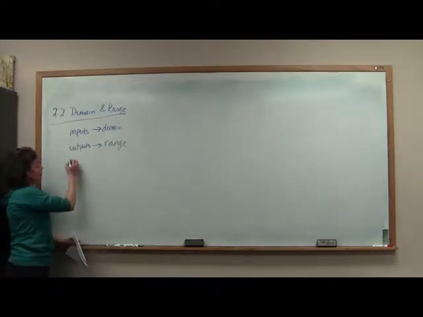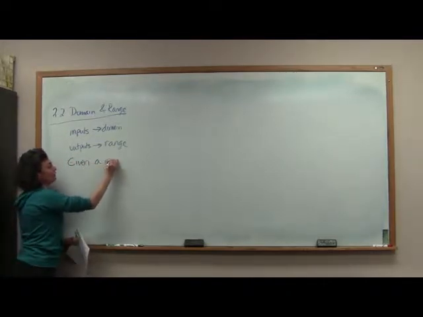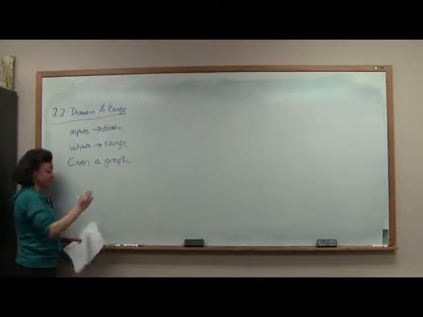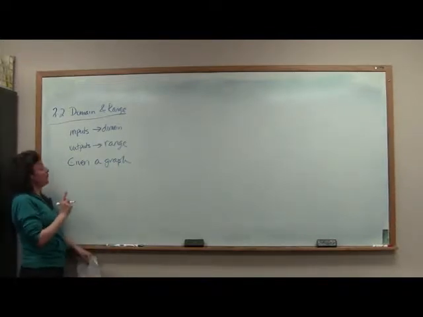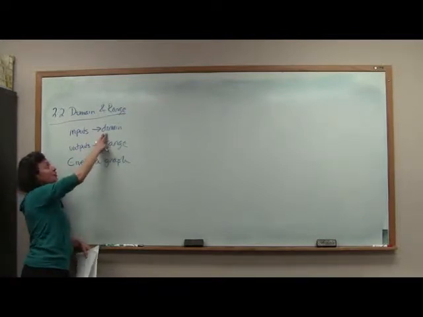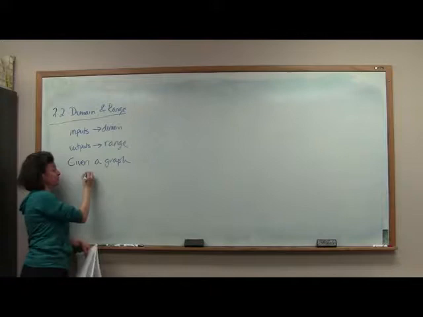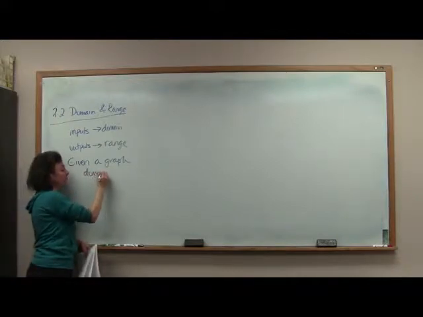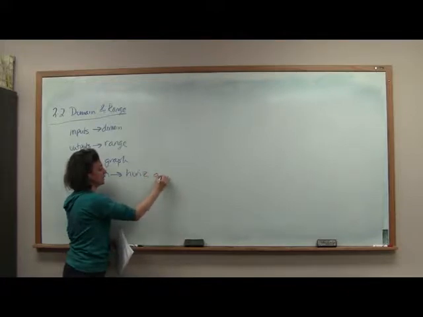So let's first talk about when we're given a graph. The thing to remember is as follows. The domain are our inputs. Those are our independent variables. So the domain corresponds to our horizontal axis.